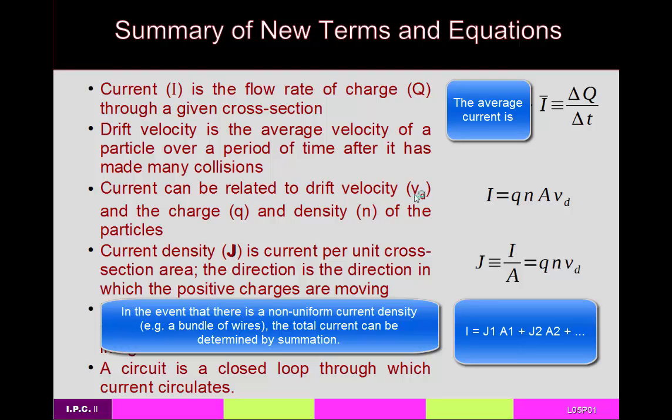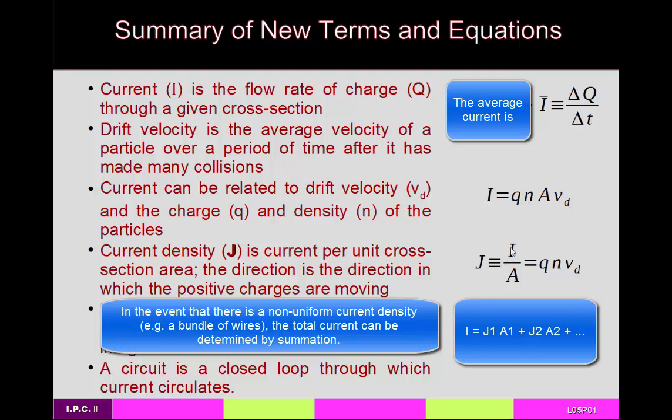You can get from drift velocity back to current via this equation. I is Q N A Vd, where Q is the charge of each carrier, N is the density, that is the number of charge carriers per unit volume, A is the cross-sectional area that this is taking place through, and Vd is the drift speed.